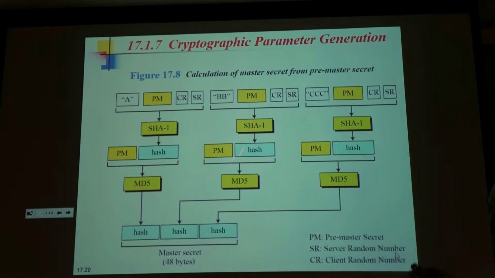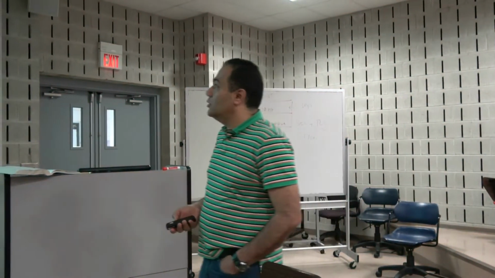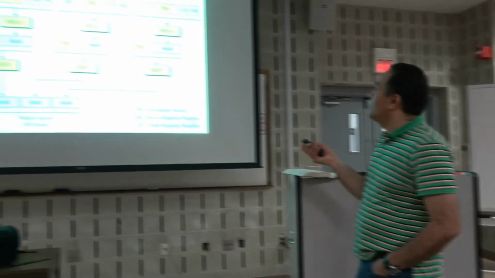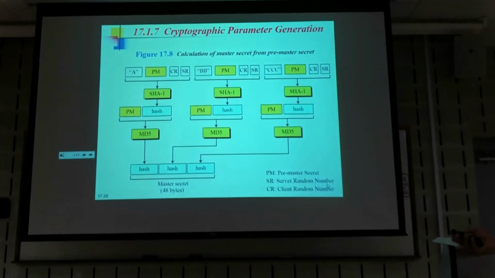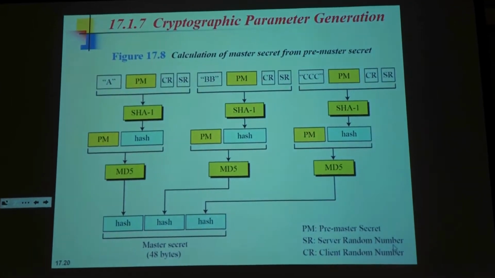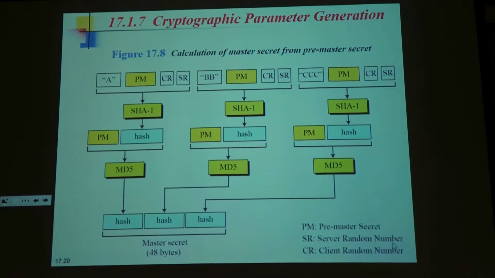The same process is repeated here and here. You get 48 bytes, which is the master secret. So that is how you create the master secret between the sender and the receiver. You have to have one master secret. Calculating the master secret starts with a three-step process to generate 48 bytes, using the A, BB and CCC prefixes.